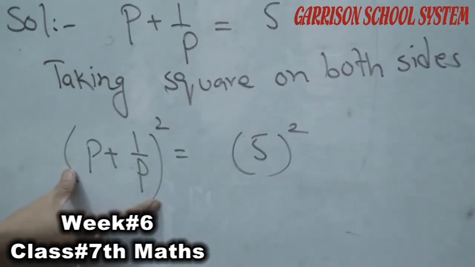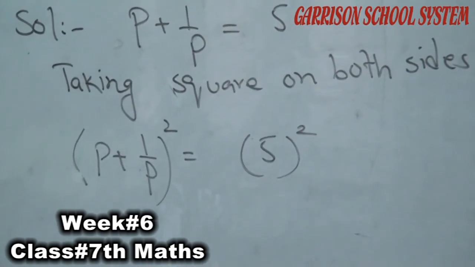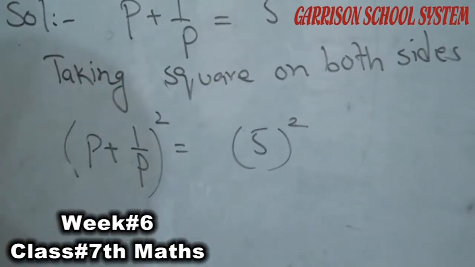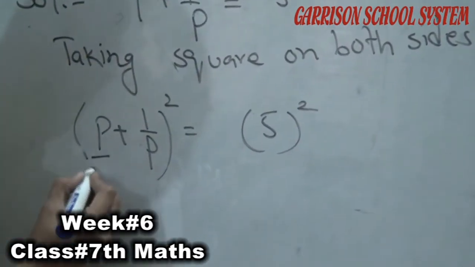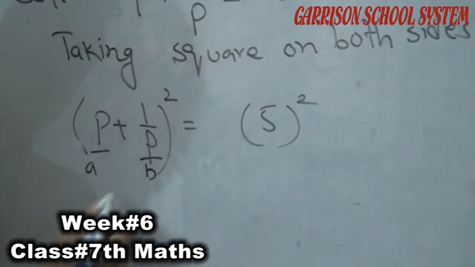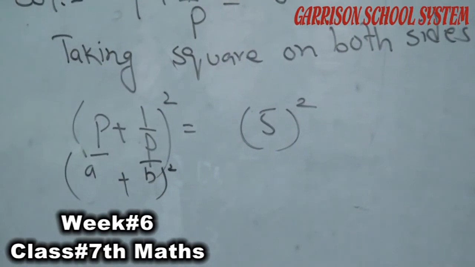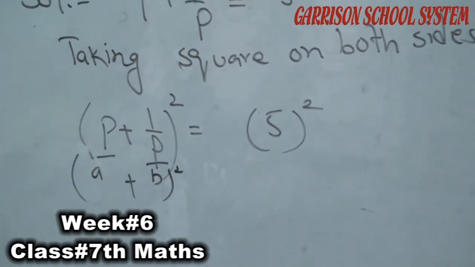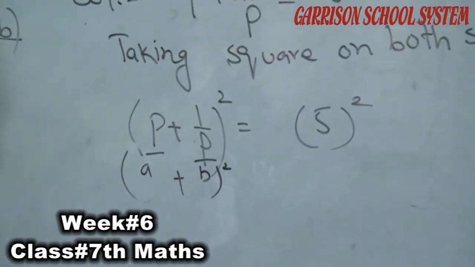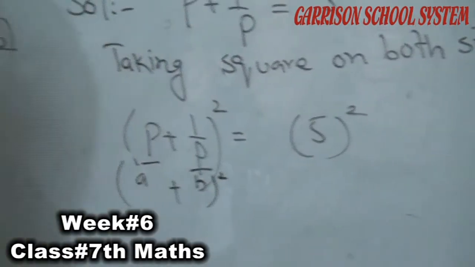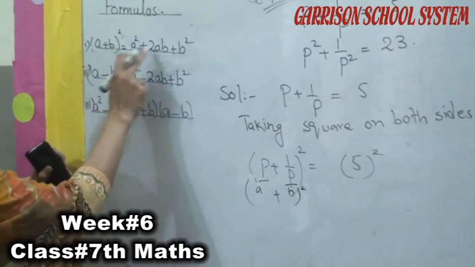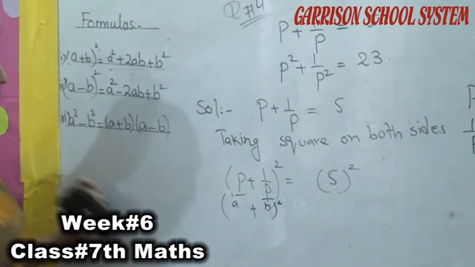Now I will open it by using the formula. I have told you that if this is the A and this is the B, it will become A plus B whole square. So, according to the formula, A plus B whole square is equal to A square plus 2AB plus B square.